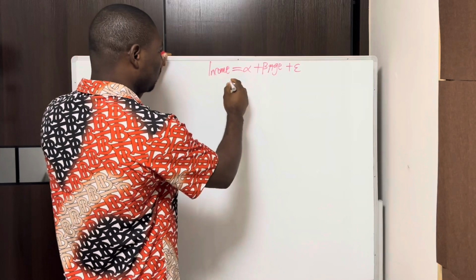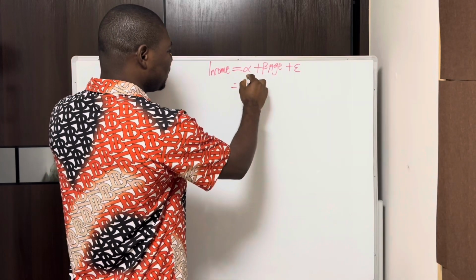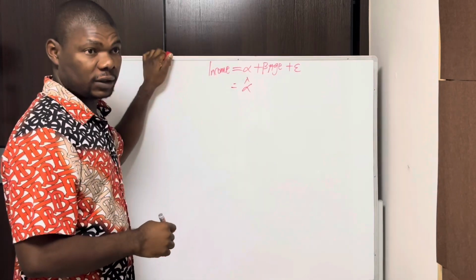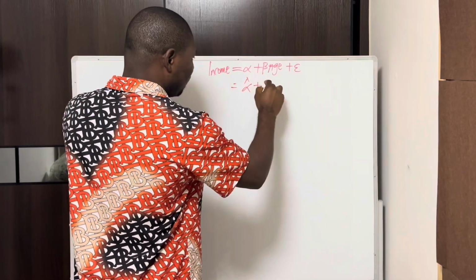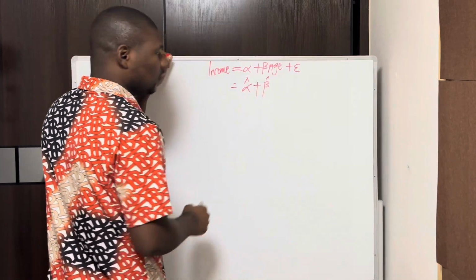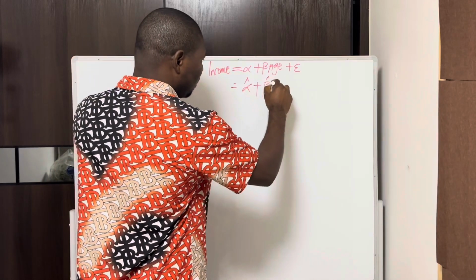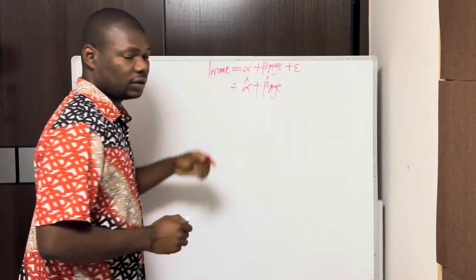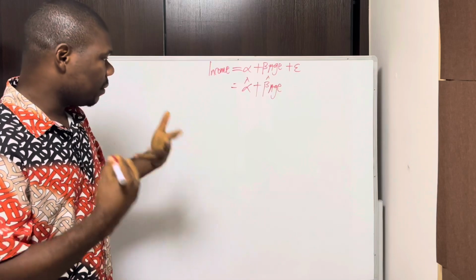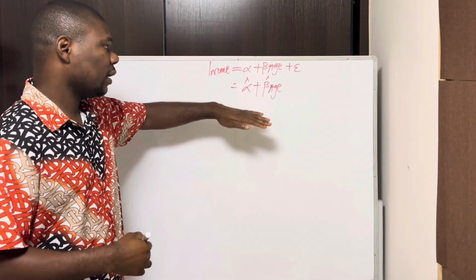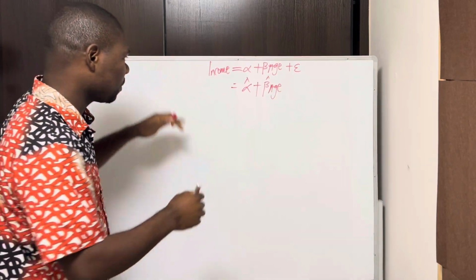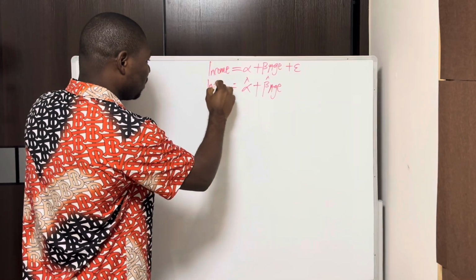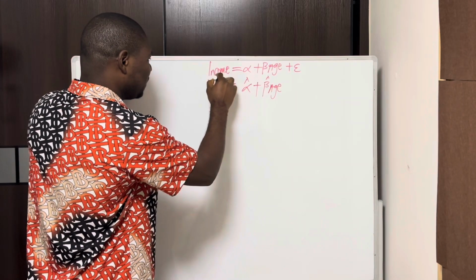If we estimate the model, we're going to have an estimated value for alpha, and an estimated value for the beta on the age. So if you estimate the values of alpha and beta, then you're going to have something like this, and that becomes the estimated model.